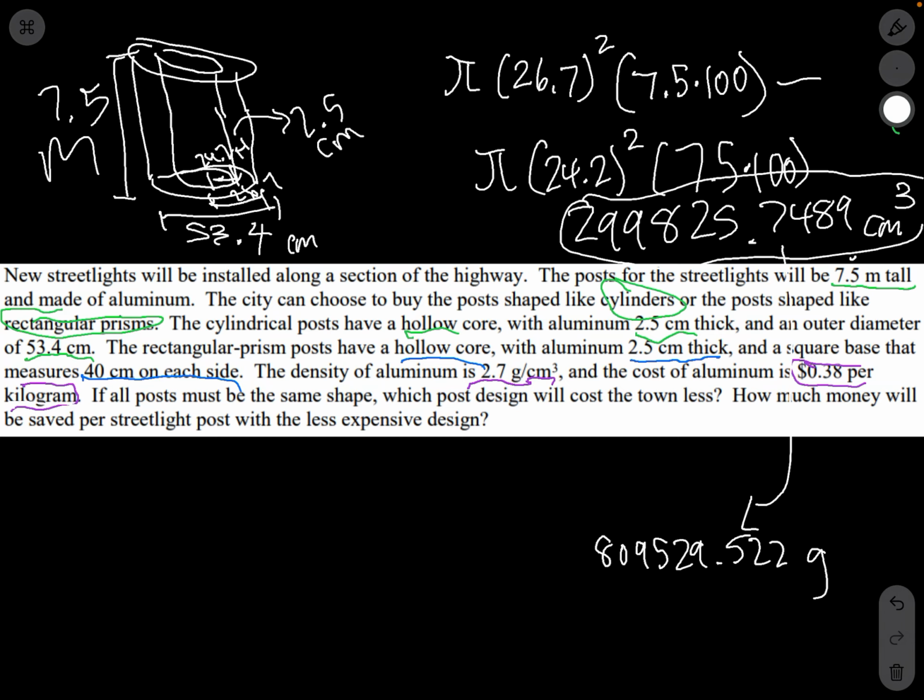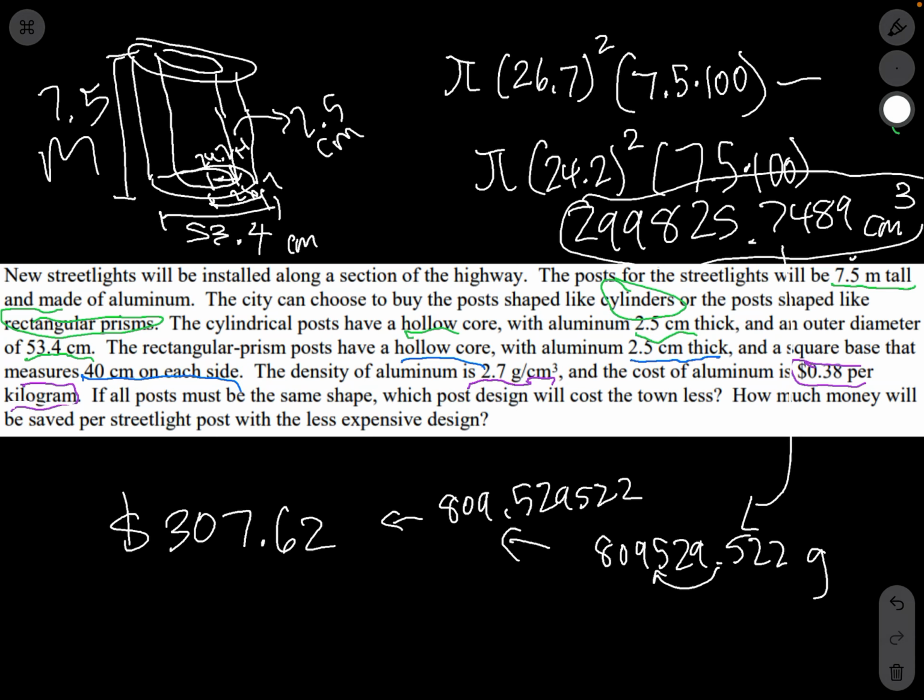And it says it's 38 cents per kilogram. So we can divide by 1,000, which gets you 809.52952 kilograms. Just shift the decimal place three places to the left. Then since it's 38 cents per kilogram, we multiply this by 0.38, and you get approximately 307.62.